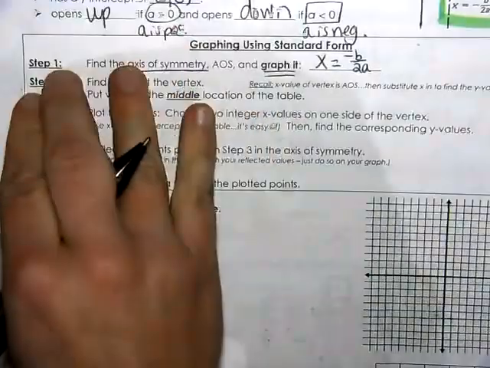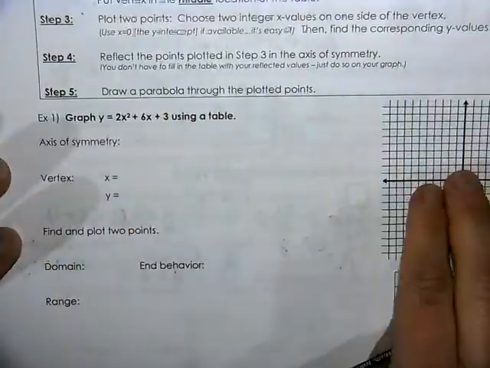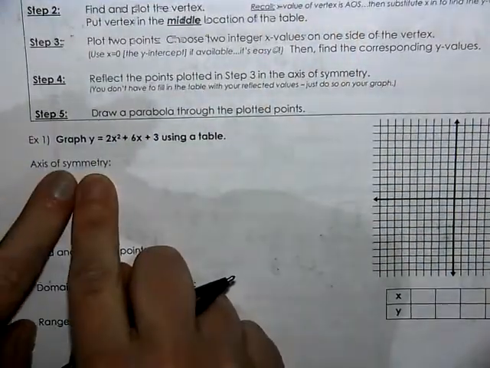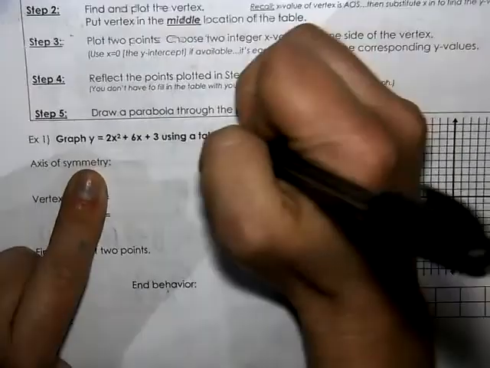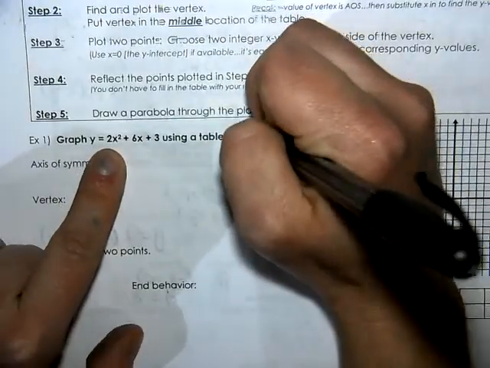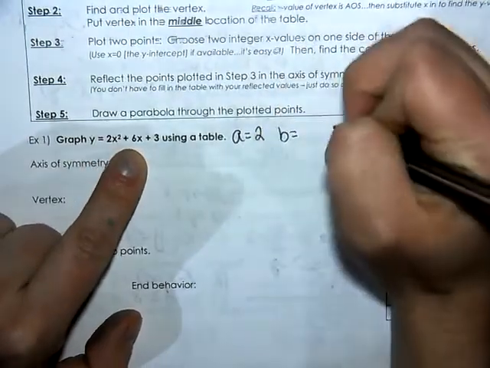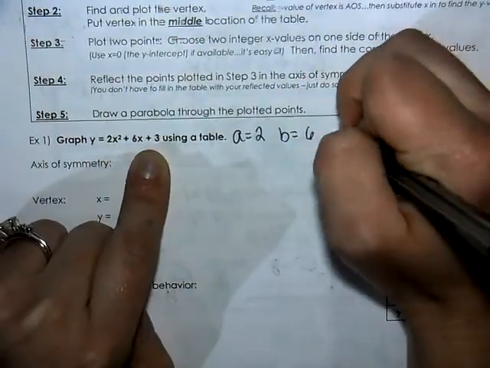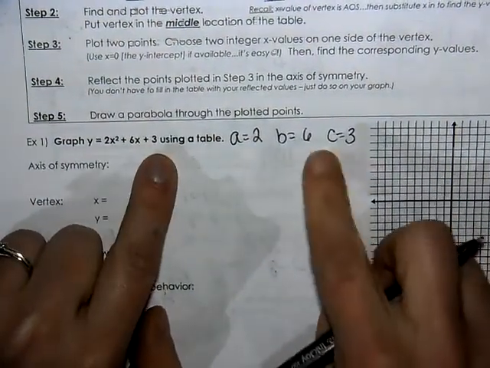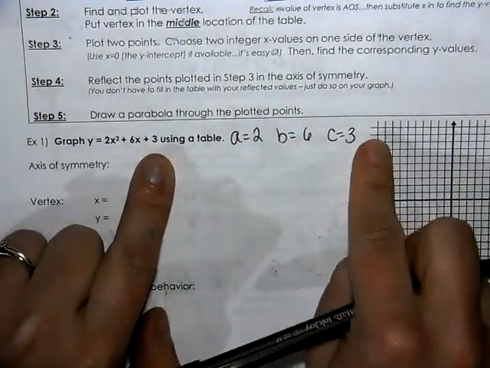I'm going to do each step in example number 1, going line by line. So since this is the first step, I'm going to identify my axis of symmetry first. One thing that's helpful is to identify what a equals, which in this case is 2, what b equals, which is 6, and what c equals, which is 3. Now, if these had minus signs, we would have negative numbers for our a, b, and c.